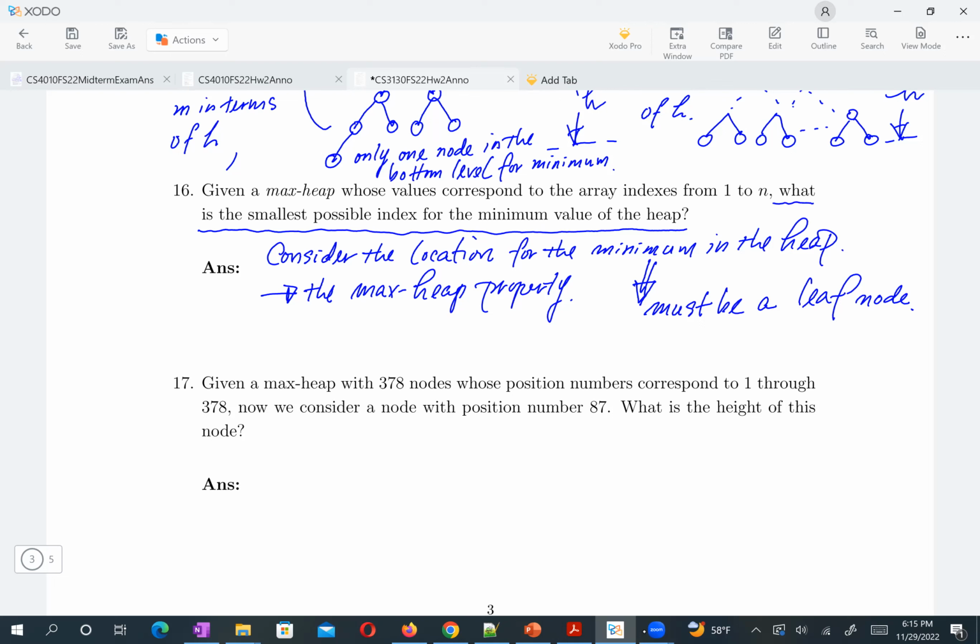If it has a left child node, then based on the max heap property, the value of its left child should not be larger than the value of the current node, so the current node cannot be the minimum. So we have a contradiction. So we must have this property.